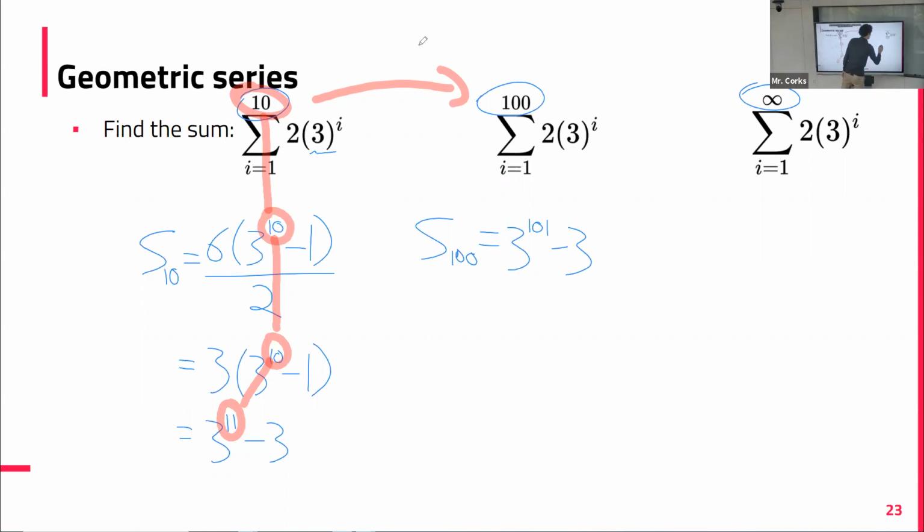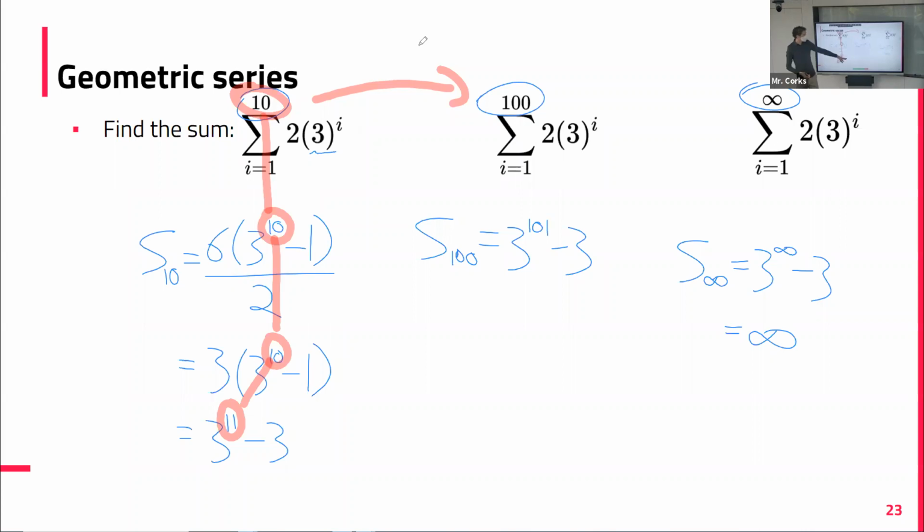And what about our last one? What if we wanted to try to do this all the way up to infinity? Okay, so 3 to the exponent infinity minus 3, that's a little weird. 3 to the exponent infinity, what would that number be? All right, also infinity. And if we take infinity minus 3, also infinity, we still can't count it. So our result is just infinity there.